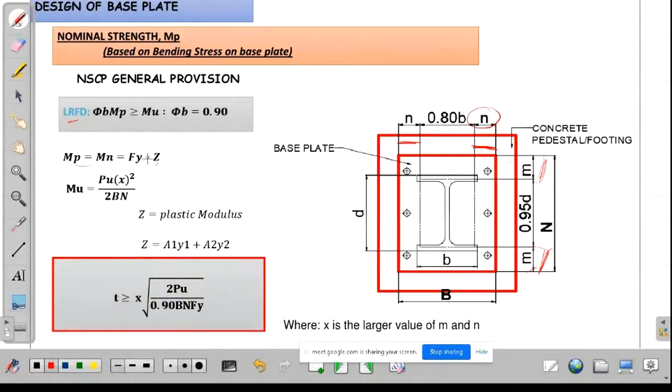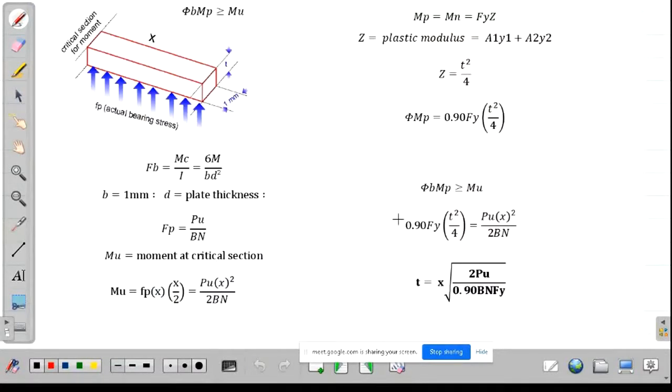So yung equation actually natin ng T, kasi yung based on the bearing pressure on support, ang makukuha natin doon is the length and the width of our base plate. Ang makukuha natin dito based on the bending stress on base plate is yung thickness ng ating base plate pag nag-design tayo.